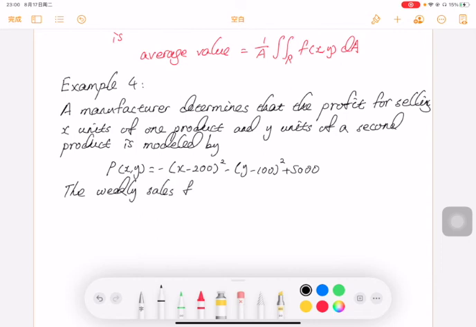Okay, and then the weekly sales for product 1 vary between 150 and 200 units.